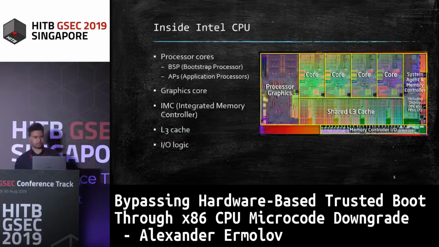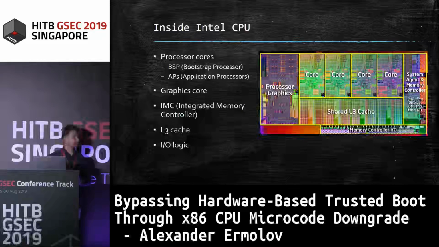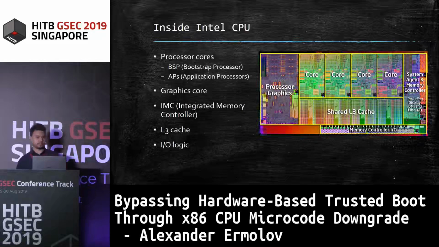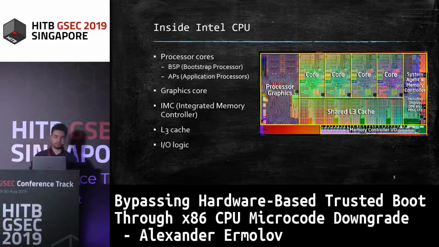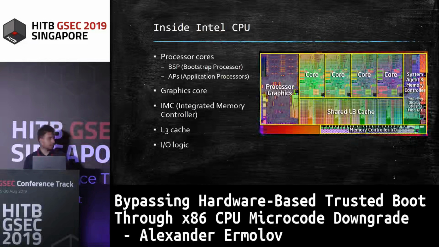So let's start with the microcode basics. If we look inside the Intel CPU, we will see that it has a few cores, like each modern CPU. The main core is called the bootstrap processor. It is the core which starts executing the code when the CPU is powered on and released from the reset state.